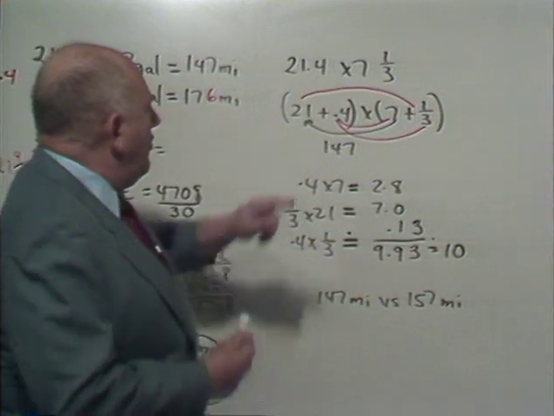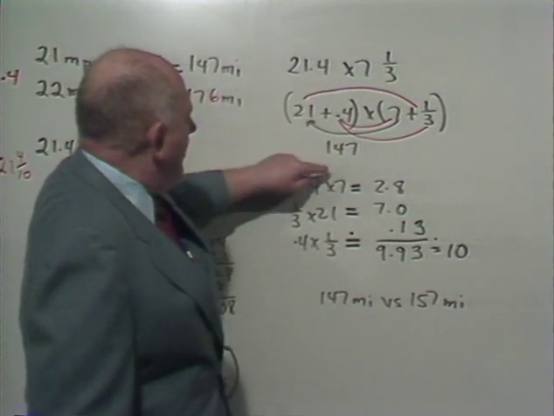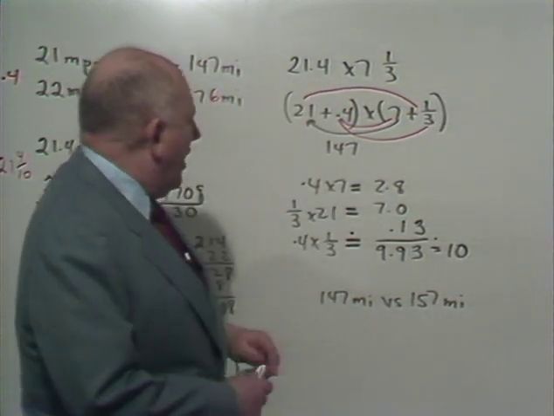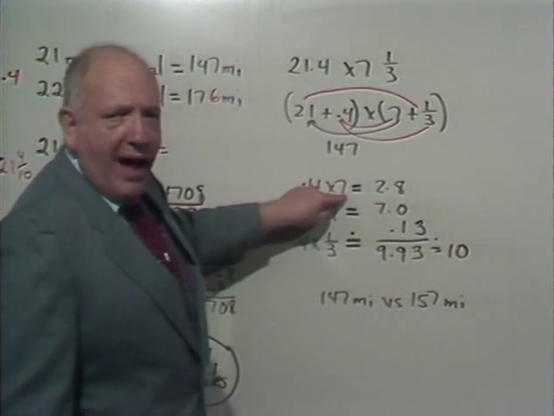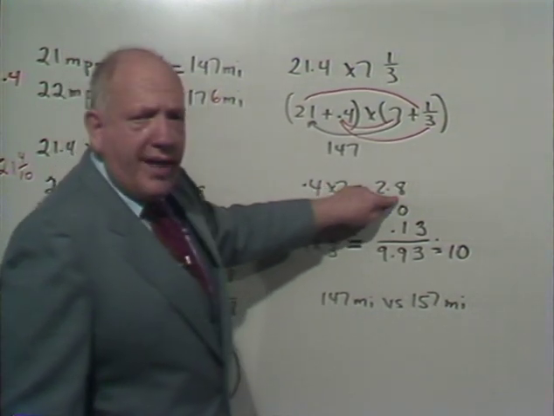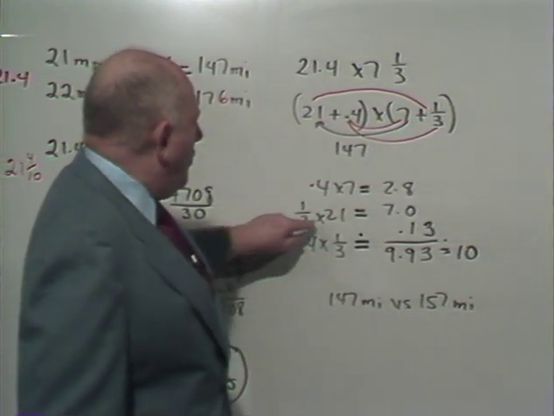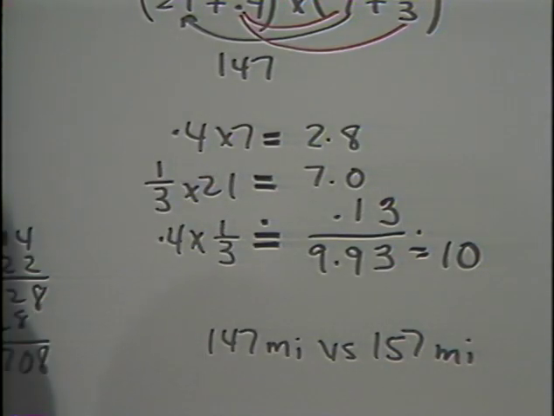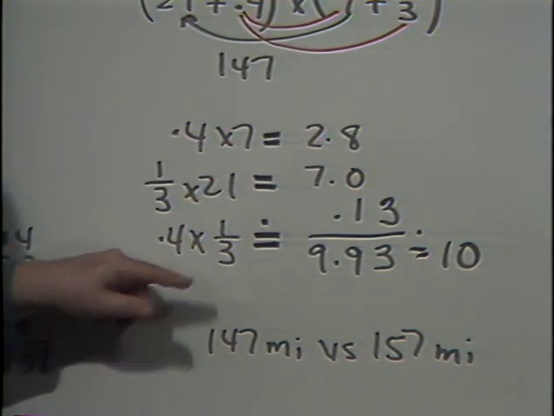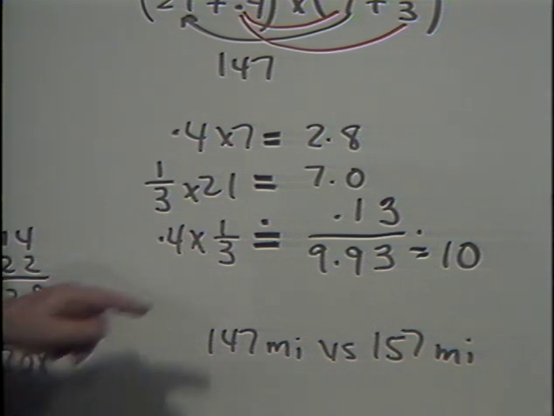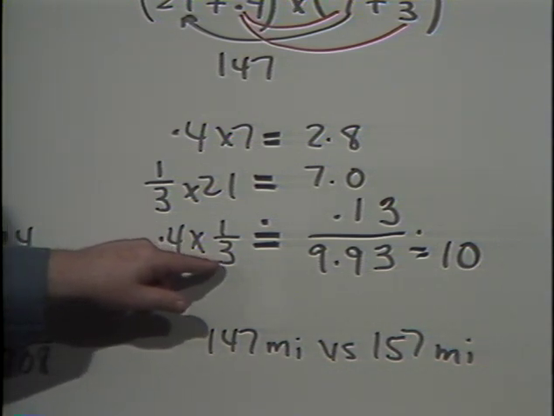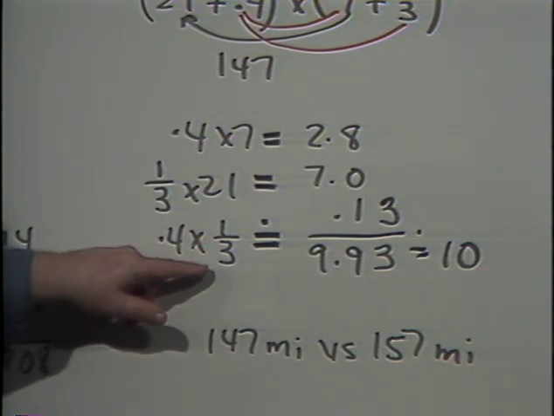You see, when we just took the 21 times the 7, we were throwing away all of this. Well, look, 0.4 times 7 is 2.8. That's almost 3, isn't it? You're throwing away almost 3 miles that way. 1/3 times 21 is 7. You've thrown away another 7 miles. 0.4 times 1/3, we won't get into that, but roughly, 0.3 times 1/3 would be 0.09.